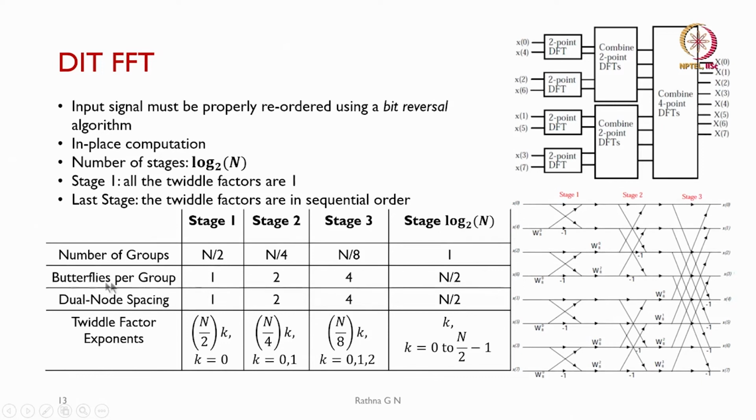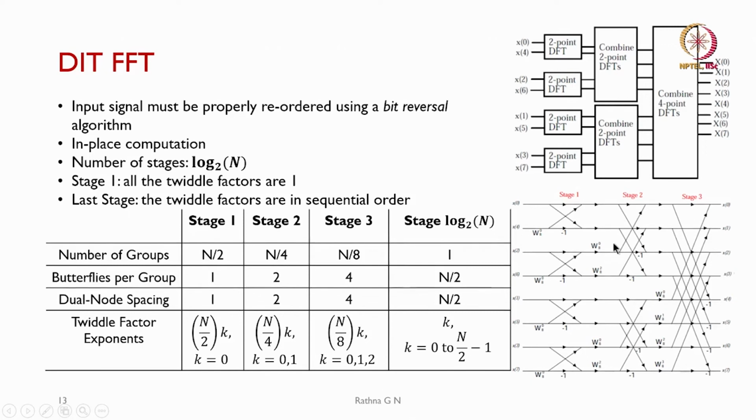Okay. And then what is it? We call it dual node spacing. Between the two nodes, what is the spacing? Here I am going to have 1, because x0 and x4 are the two nodes, and the spacing is only 1 between them. When I come to stage 2, the spacing is going to be 2 nodes. I am taking one from here, and the next one is coming from this.